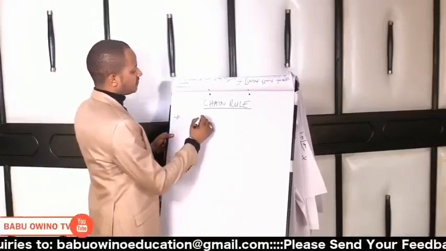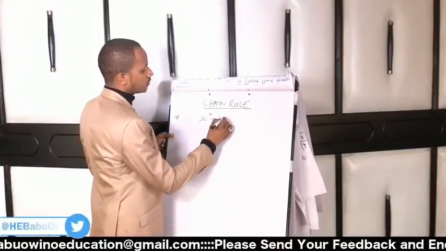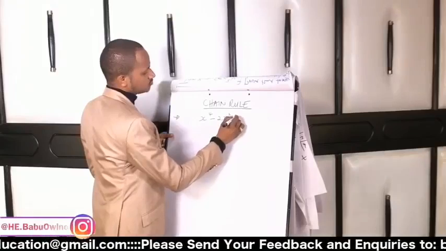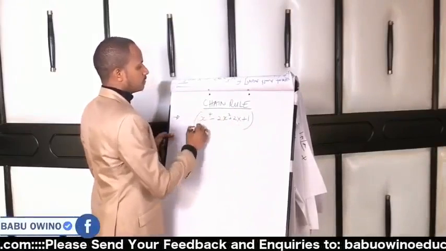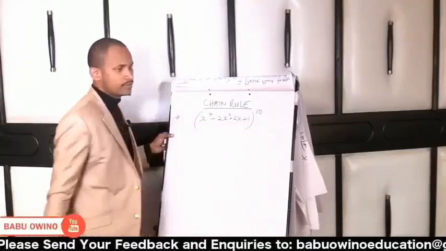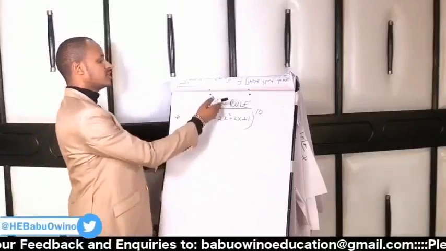Number one, if you are given a function of x raised to power 4 minus 2x squared plus 2x plus 1, all raised to power 10, you are told to differentiate using chain rule.